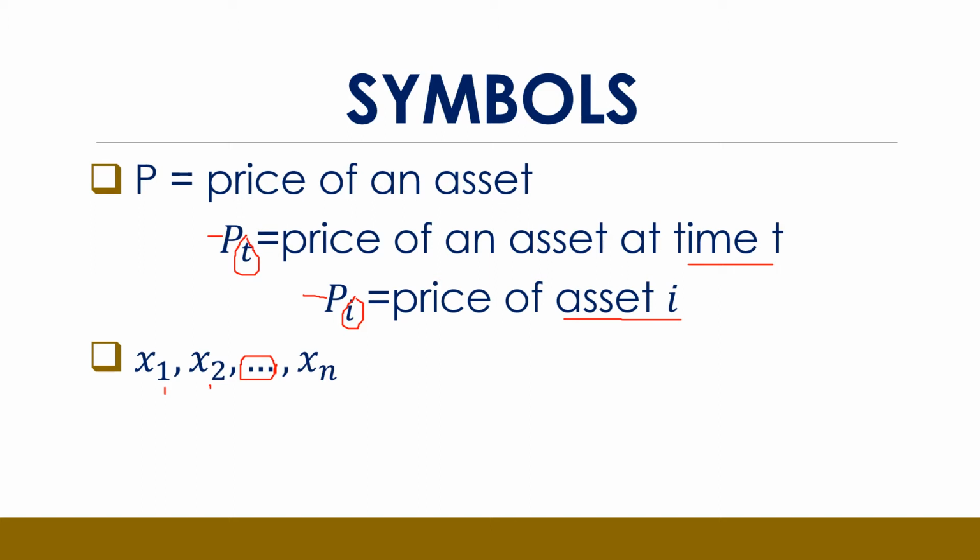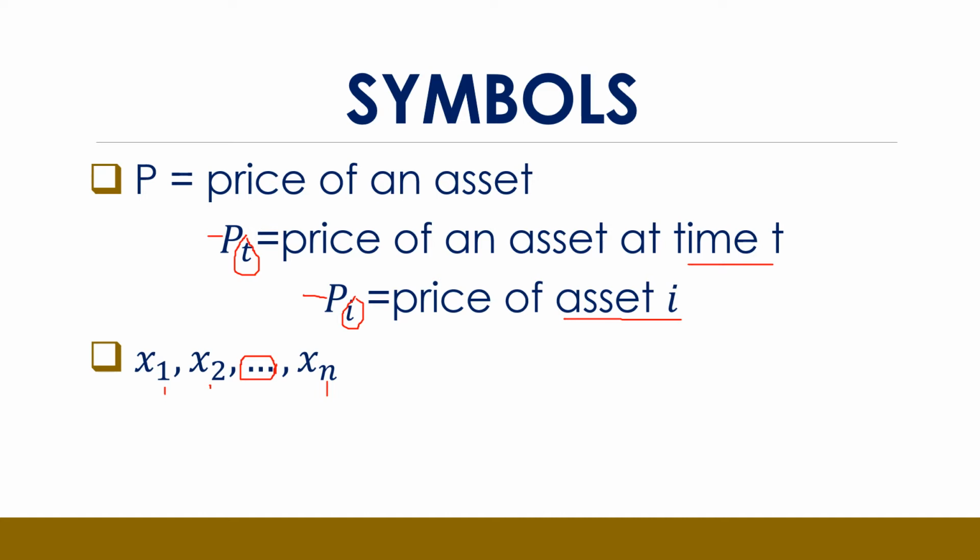So you have 1, 2, 3, 4, and n will be your last value. So if you have, let's say, 10 companies, x1 will be the price of company 1, x2 will be the price of company 2, x3, x4. So instead of writing all of them down, you can just write 1, 2, all the way up to 10.